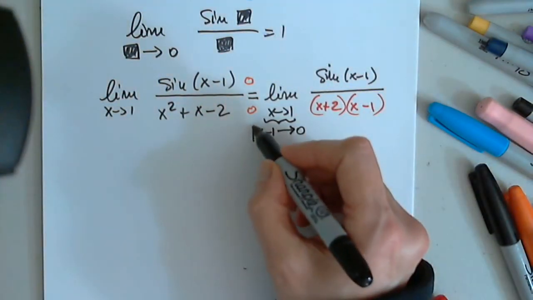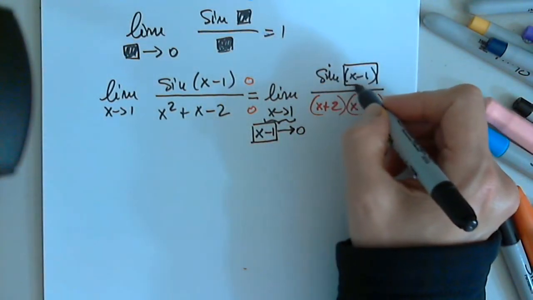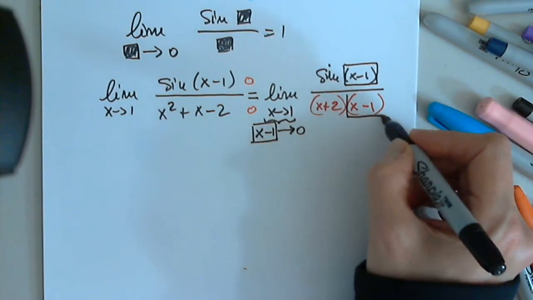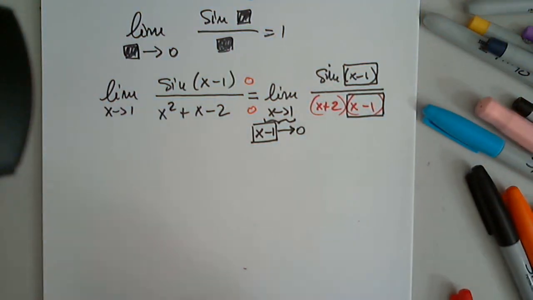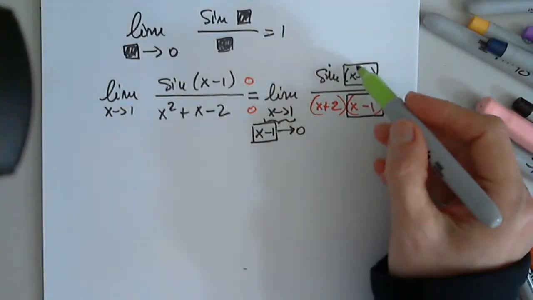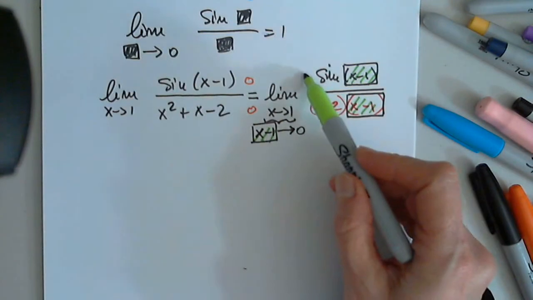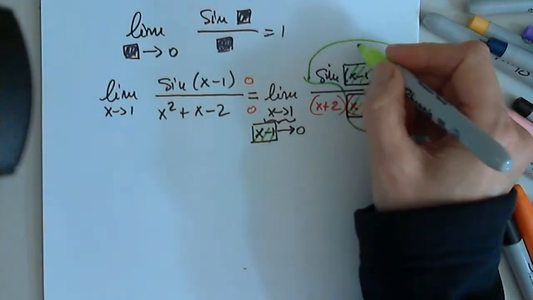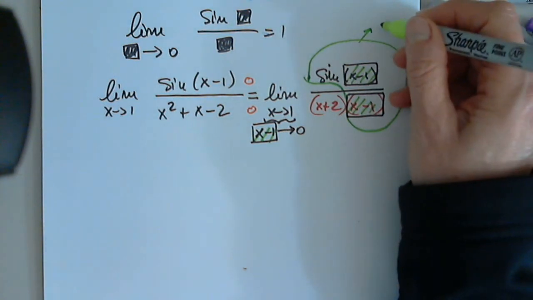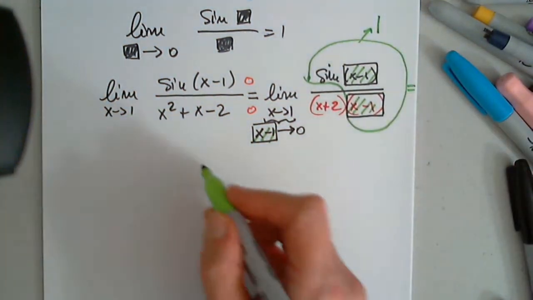And I do have my little box inside sine, and I also have the box in the denominator. So since these are the same, the limit of sine of x minus 1 over x minus 1 is 1. Good.